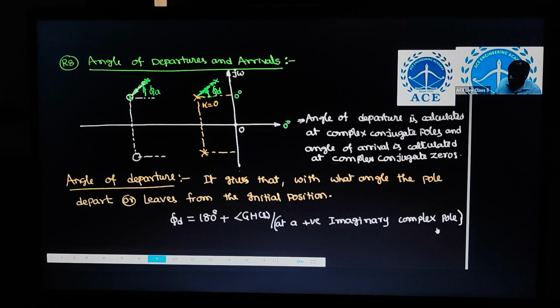You can find it on the negative imaginary also, nothing wrong. But if you take the positive imaginary, the number of negative terms is less, so the calculations become easy. That's why I'm taking the positive imaginary, this one. At the other point it is the opposite side: here plus 45 means here minus 45. On a negative imaginary complex pole, we'll take the opposite side.